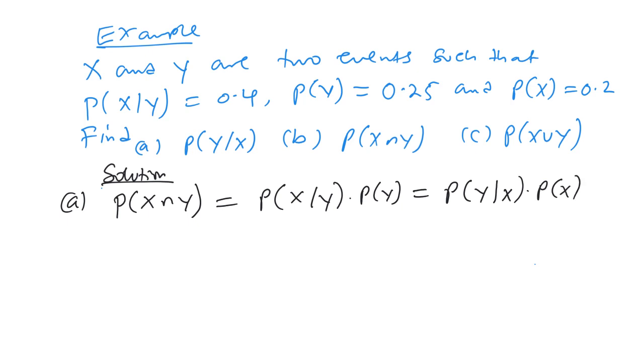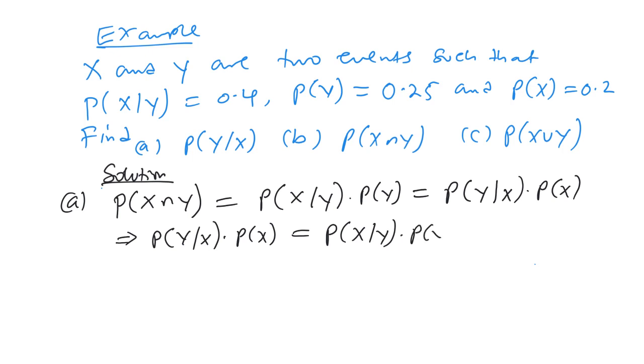It means that the probability of y given x times the probability of x is equal to the probability of x given y times the probability of y.